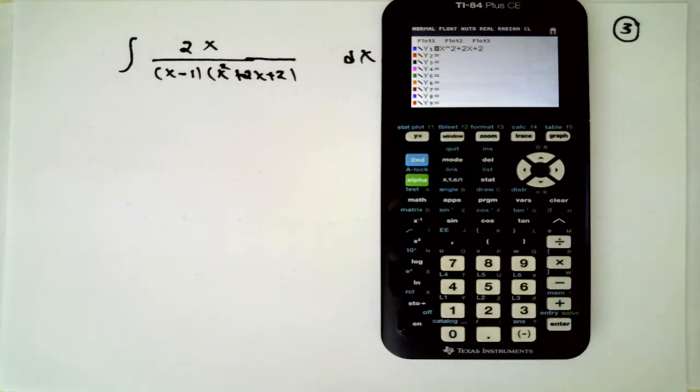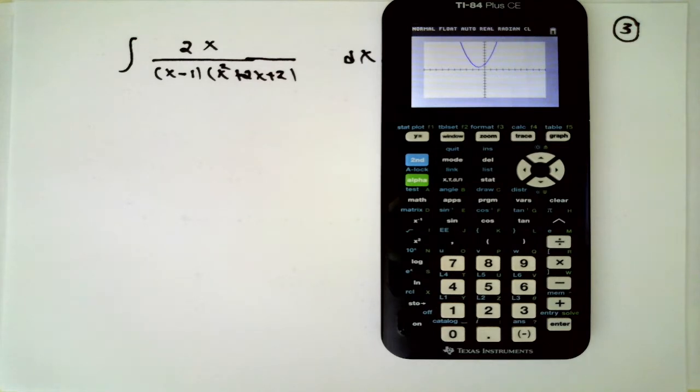To see if x squared plus 2x plus 2 has any real linear factors, I'll draw the graph of it. I'm looking for places where that graph crosses the x-axis. Unfortunately, there aren't any.